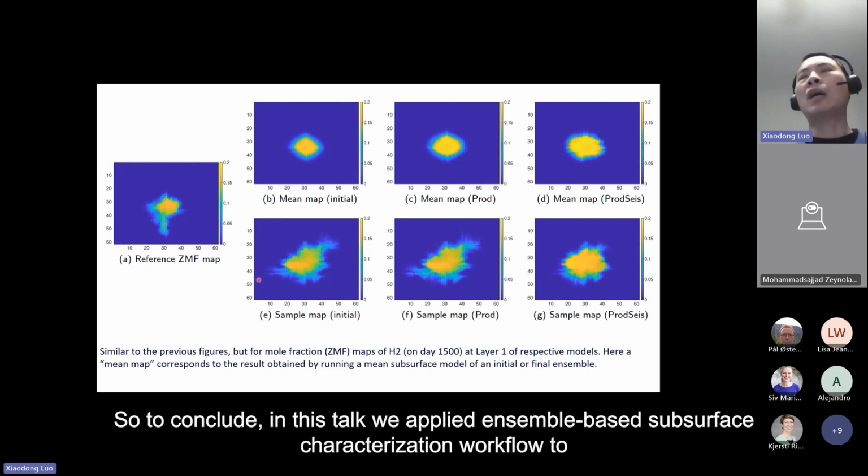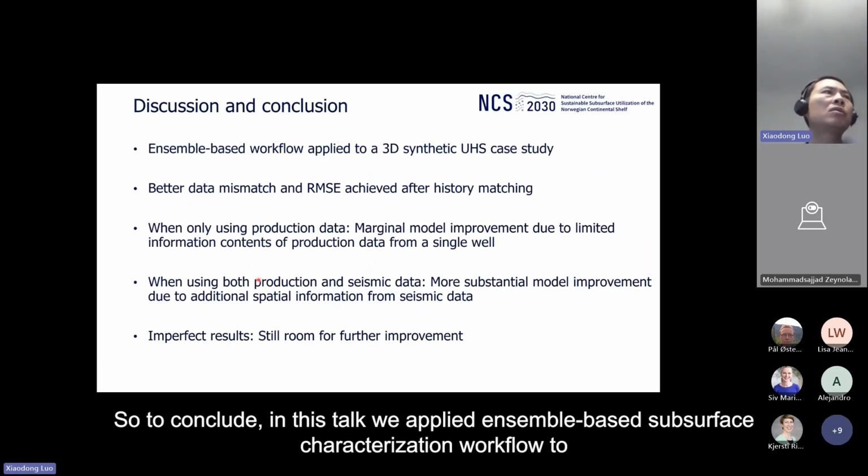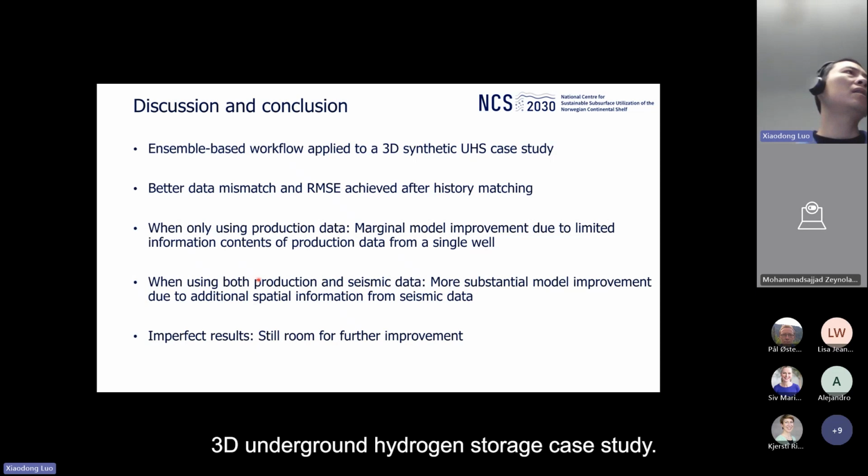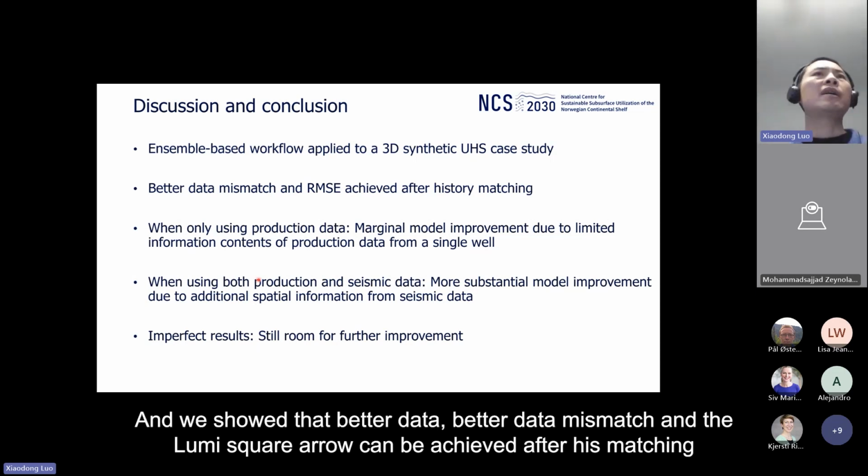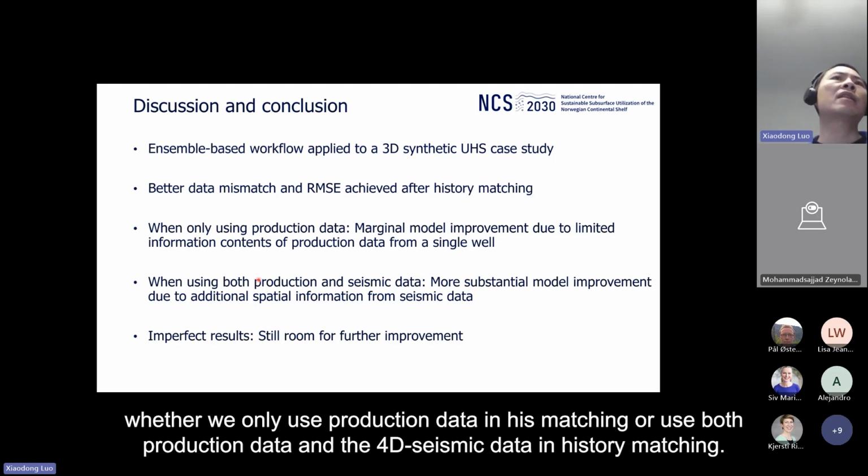So to conclude, in this talk, we applied the ensemble-based subsurface characterization workflow to a 3D underground hydrogen storage case study, and we showed that better data mismatch and root mean square error can be achieved after history matching, whether we only use production data or we use both production data and the 4D seismic data.